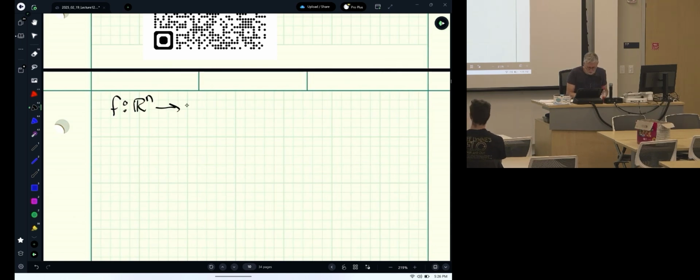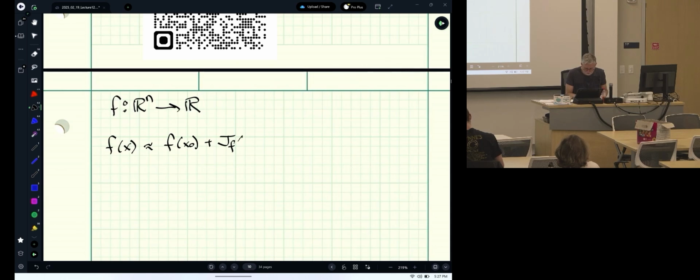So we have our function that depends upon many values. If we are training a large language model, n is in the billions, literally. We're going to write f of x using our linearization. So it's the same strategy that we followed for root finding.